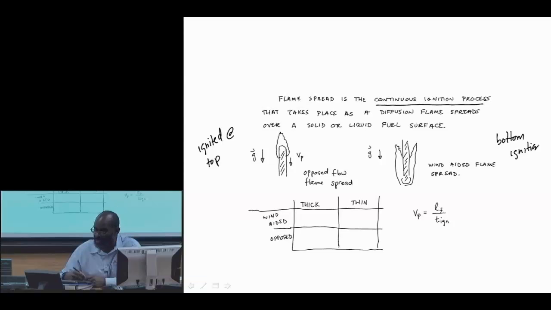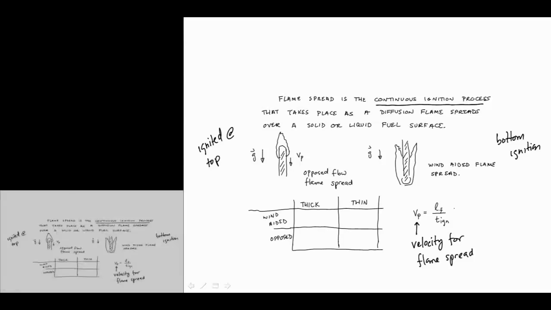Now, what we're going to talk about is the fact that the velocity for flame spread can be thought of as the heated length divided by the time to ignition.